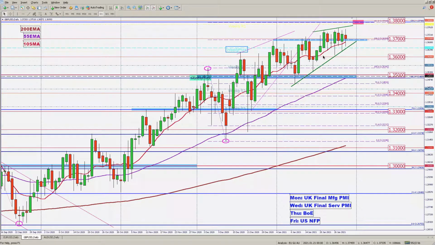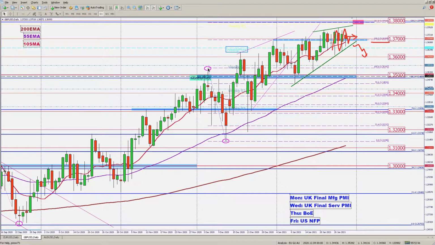It has been respecting this lower trend line. On Tuesday it went up and then back down, then Thursday back up, and then Friday back down, consolidating around the 1.37 level for the week. So if it does break down lower, then it's looking to target 1.36 and perhaps even lower.